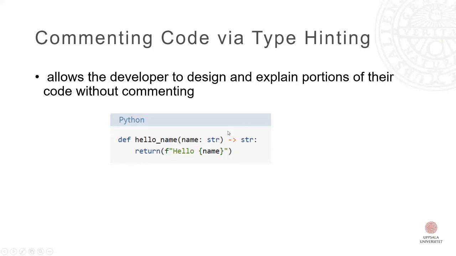So we can use type hinting to give a hint about the type of the variables, because the type of the variables in Python is not explicit. In other programming languages, you explicitly have to give your variables a specific type. For example, a variable which is a string will always be a string.